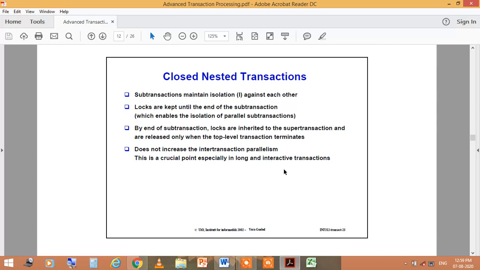So by end of sub transactions, locks are inherited to the super transactions and are released only when the top level transaction terminates. So this does not increase the intra-transaction parallelism. This is a crucial point, especially in long and interactive transactions.